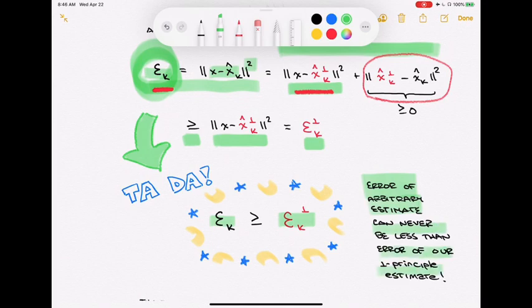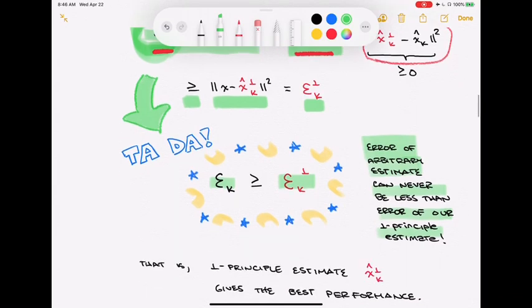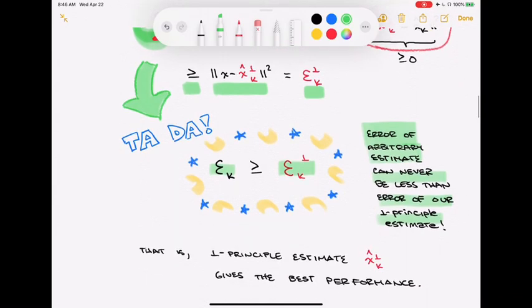That statement by itself tells us that the orthogonality principle does provide the optimal solution. The orthogonality principle is indeed the optimal estimate. So the orthogonality principle, x hat perp of k, gives the best performance. It gives us the smallest error that we could possibly consider.